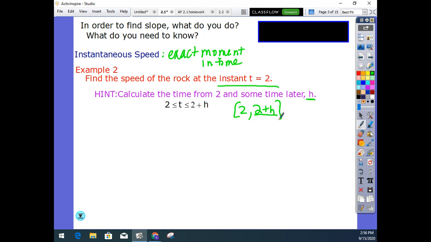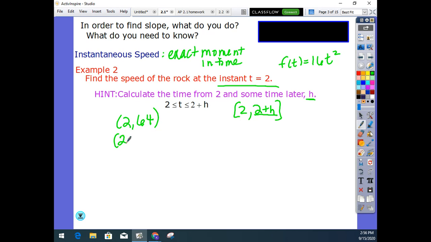So I'm going to call that 2 plus h, in between 2 and 2 plus h, and then I'm going to be sneaky. First of all, we know that at time 2, we calculated our distance to be 64. I'm still going to use the formula, f of t equals 16t squared.